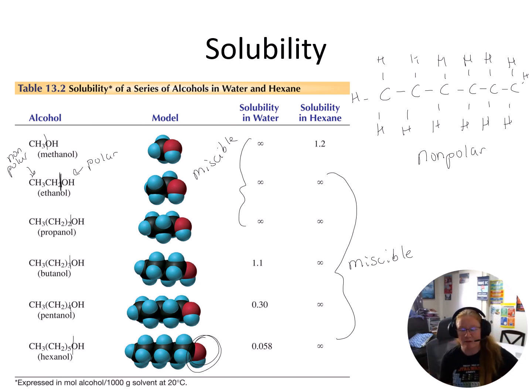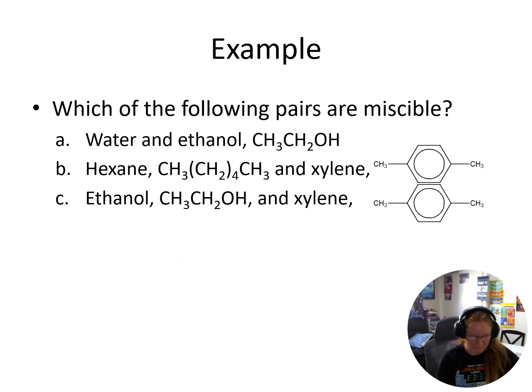That's taking up the bulk of the molecule. So even though hydrogen bonds are overall a stronger intermolecular force than dispersion forces, once that carbon side chain gets too long, our ability to access that little polar head that hydrogen bonds goes down. And so we lose that solubility in water.